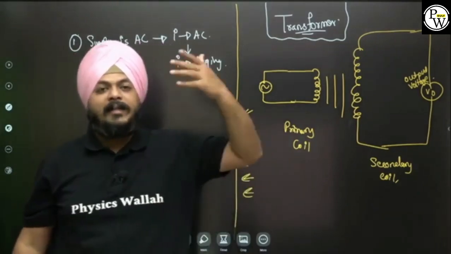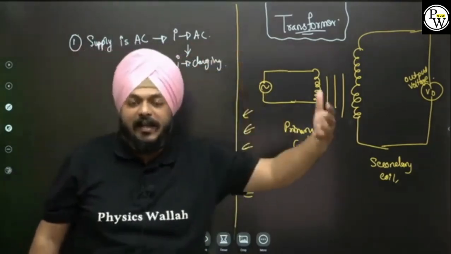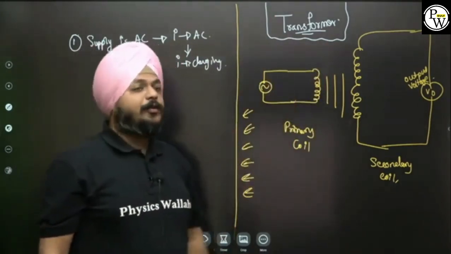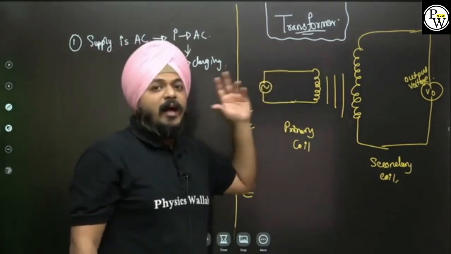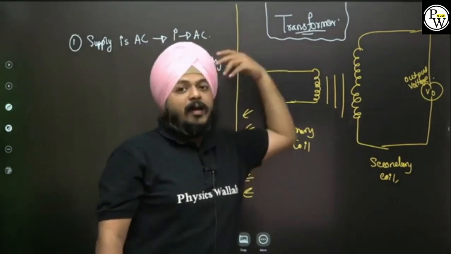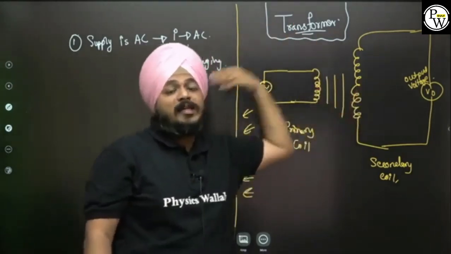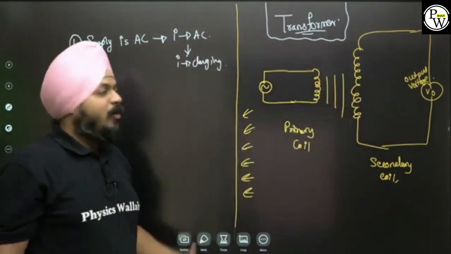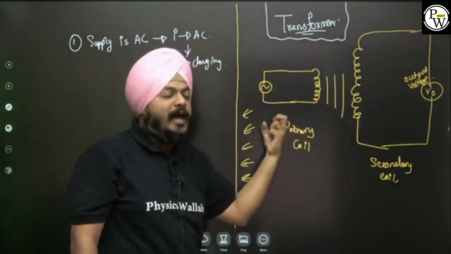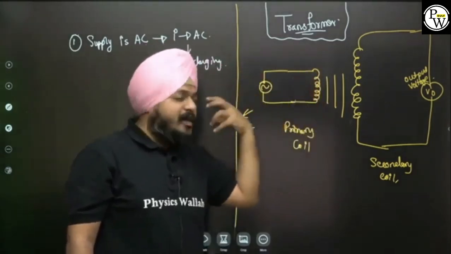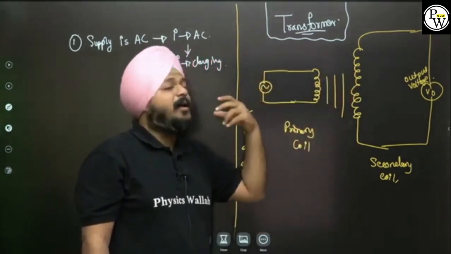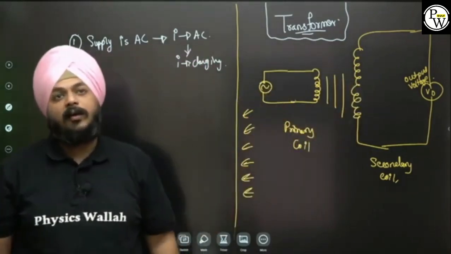If the magnetic field changes, the flux changes. This we have seen in the previous chapter of EMI. Whatever the change in flux of the primary coil, it creates an induced EMF in the opposite coil.